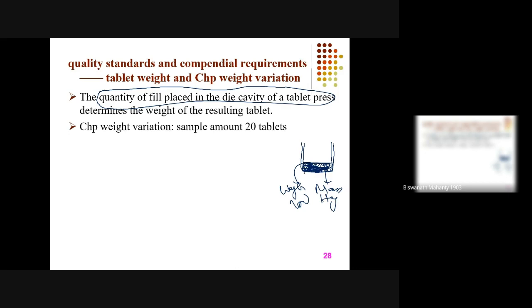It will only compress up to this volume. With the same volume, if I put powder, there is no space between particles, right? It will be heavier. And if I have granules of the same volume, I will have a little lighter weight. Of course, I'm just trying to show you. So it always depends on how much weight is there in the punch volume.